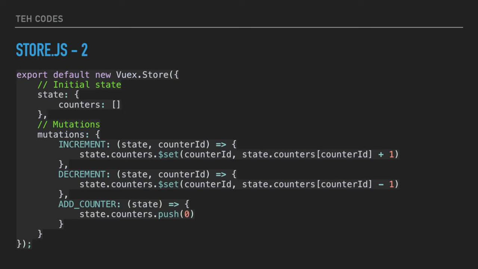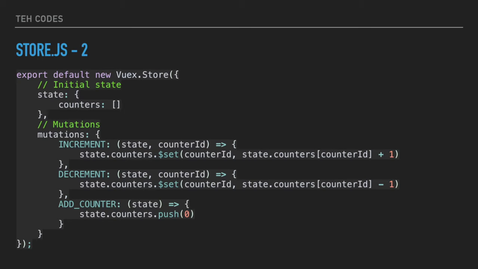So you already know what kind of application it is before you dig into the precise details of what's actually going on. In fact, in more complicated applications, Flux advocates taking these mutation names out and defining them as constants in a mutation types file, so that you can easily scan that, and then defining them here with the constant as the function name, which you can do in ES6.